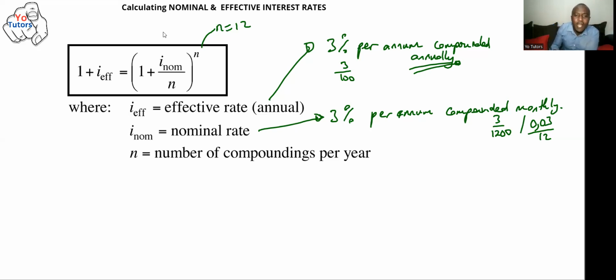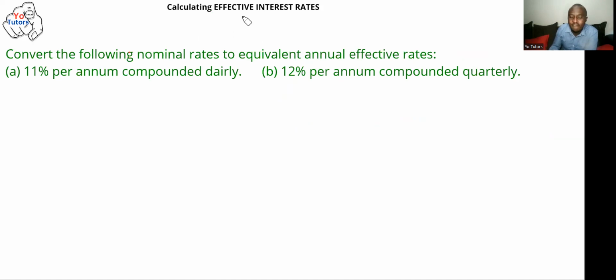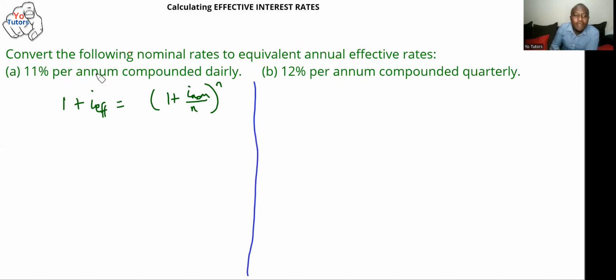Now let's just start with calculating the effective rate. We know already the formula. Our formula is 1 plus I effective is equal to 1 plus I nominal over n, to the power of n. In this case we are looking for the I effective. So let's look at these two scenarios. First, we are given 11% per annum compounded daily.